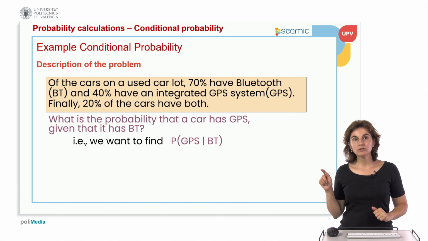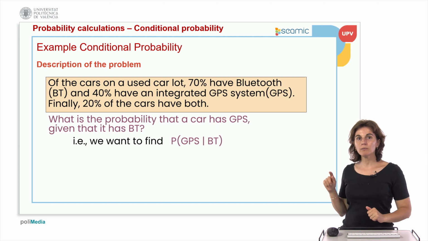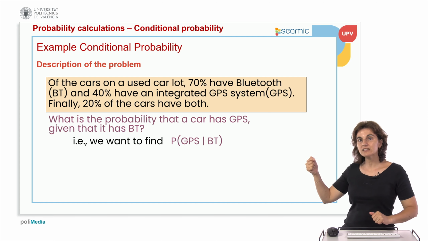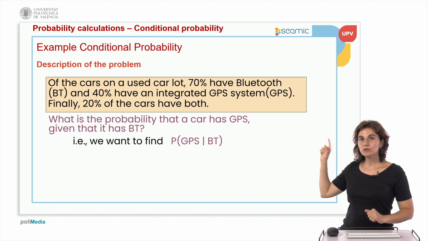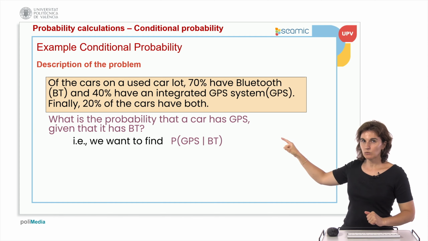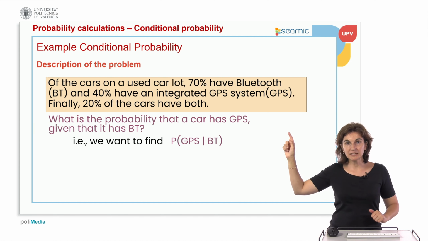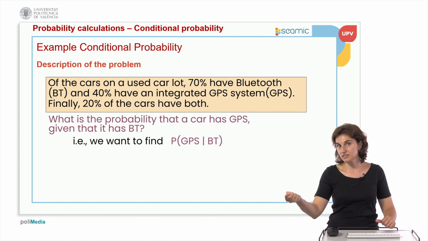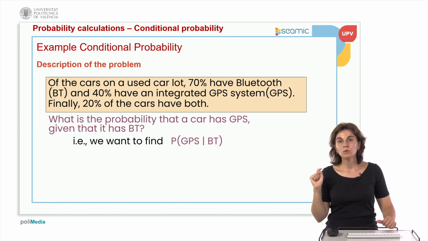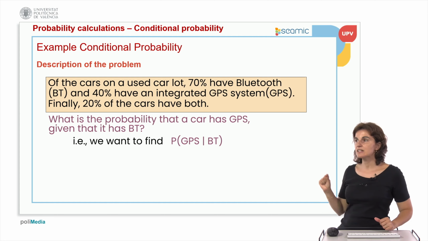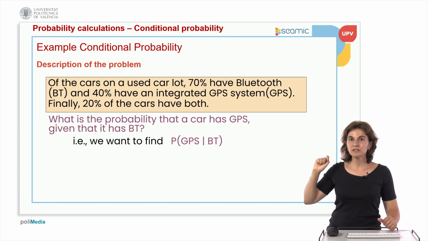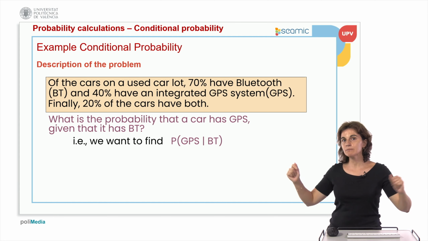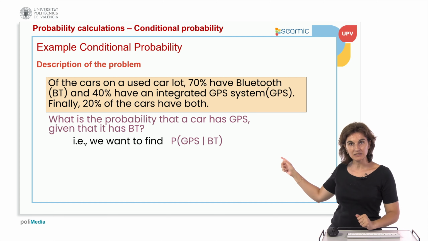The question that we need to answer is, what's the probability that a car has GPS if we know that it has Bluetooth? Recall this writing. What's the probability that a car has GPS over the set of cars that we know have Bluetooth? We are referring to Bluetooth as BT, and to the integrated GPS system as the letters GPS.